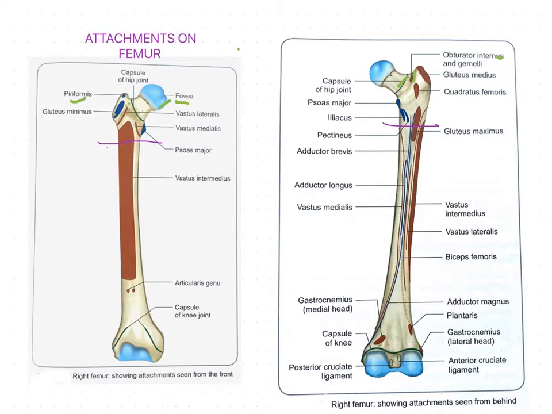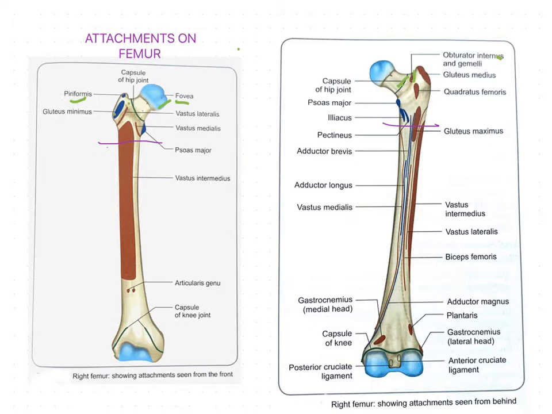These are the three muscles inserted on the medial surface of the greater trochanter, especially at its posterior inferior part.